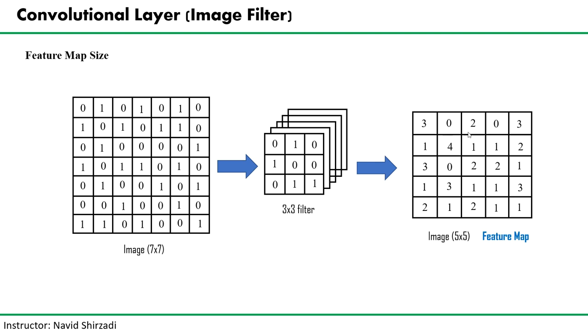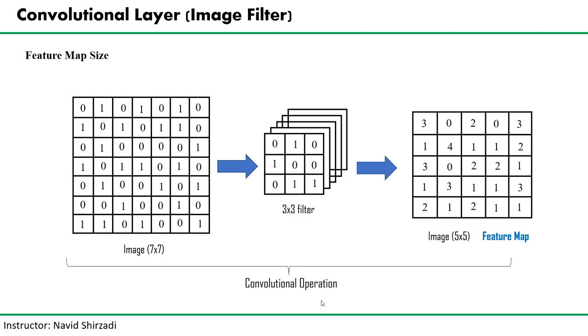But the final feature map is actually a 5x5 image, which is the result of applying our 3x3 filter to our original image, which was 7x7. So in this filtering process, we actually get rid of unnecessary pixels and we create something like this. But we actually kept the important ones.